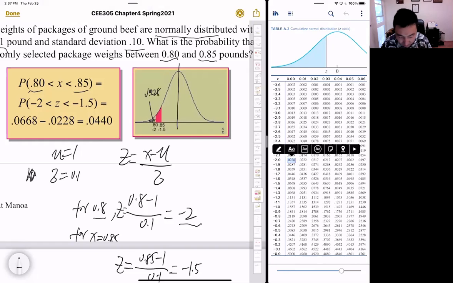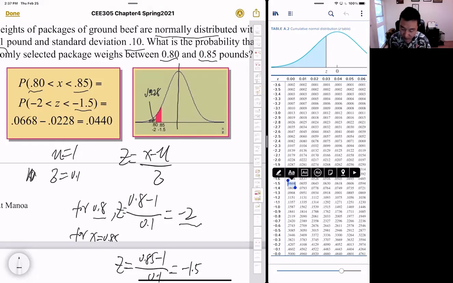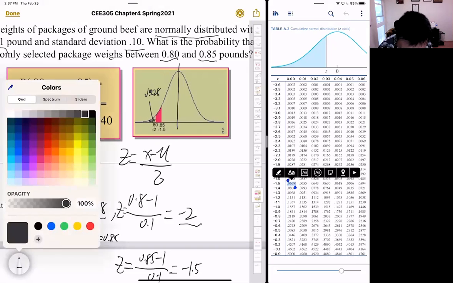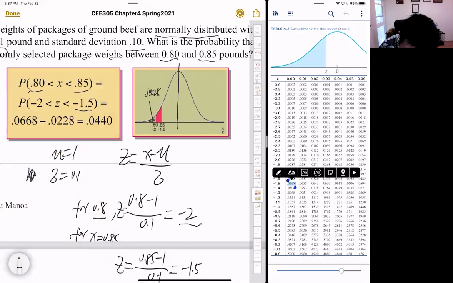Then we look at the probability for a Z-score of minus 1.5. Minus 1.5 is here, 0.0668. Let me draw another normal curve to show you clearly.